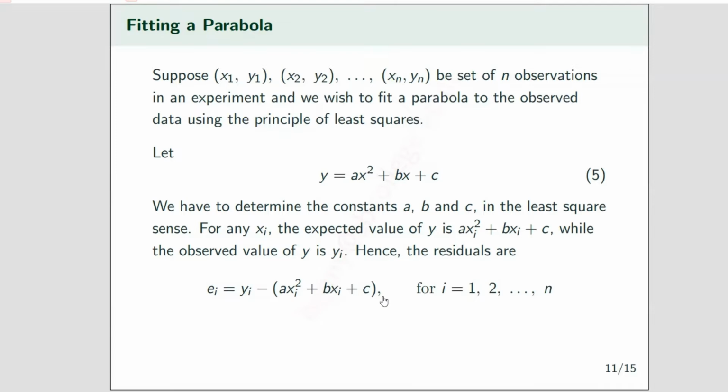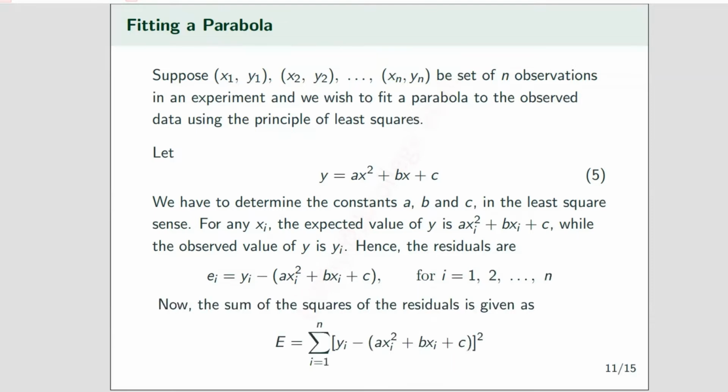We have n residuals, and after that we find the squares of the residuals, and then the sum of the squares of the residuals, which is represented as capital E equal to the sum from i equal to 1 to n of (yi minus (axi square plus bxi plus c)) the whole square.